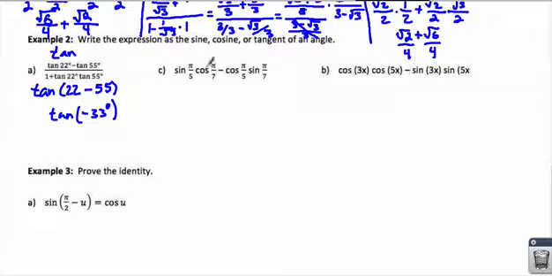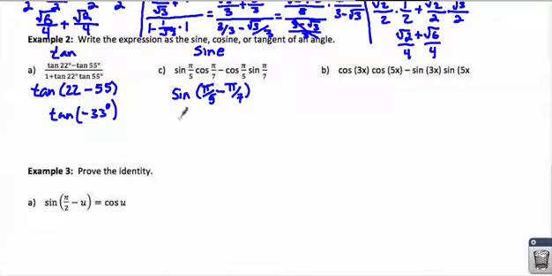Okay, here we go. Sine, cosine, cosine, sine. So we have to figure out which one that goes with. The tan one was pretty easy. Sine, cosine, cosine, sine goes with sine. So I know it's going to be sine of something plus or minus something else. Well, sine is the same sign, so minus. My first angle is pi over 5, and my second angle is pi over 7.